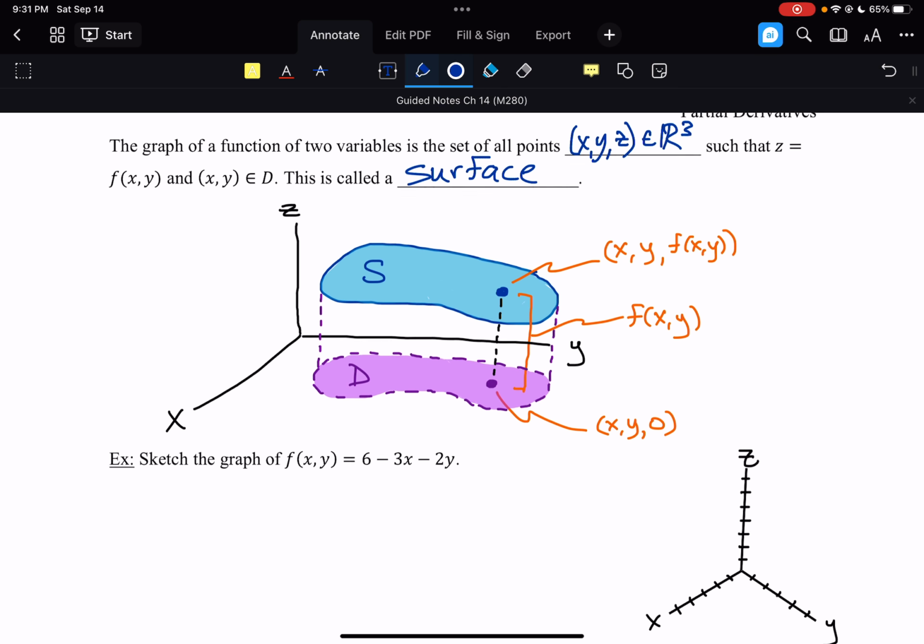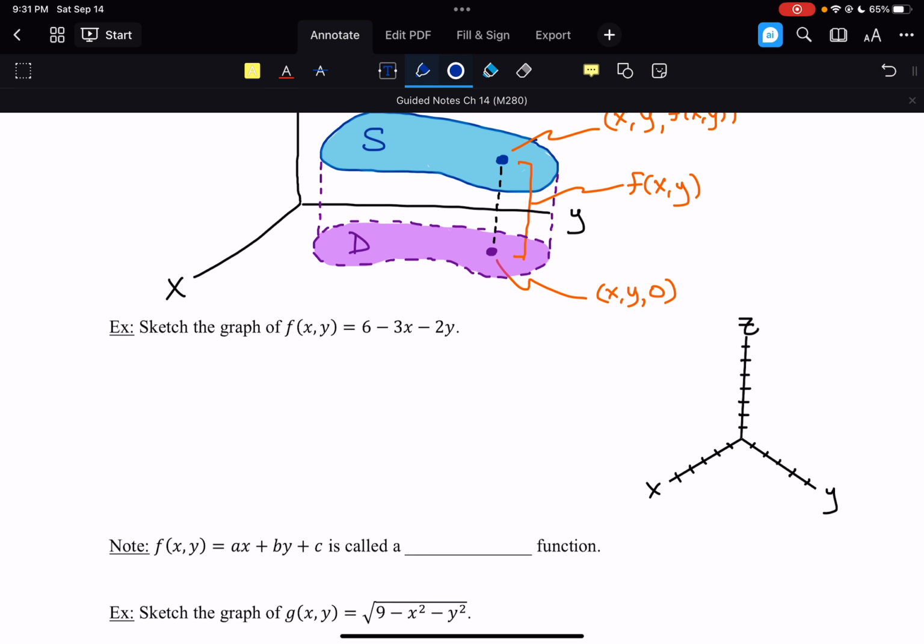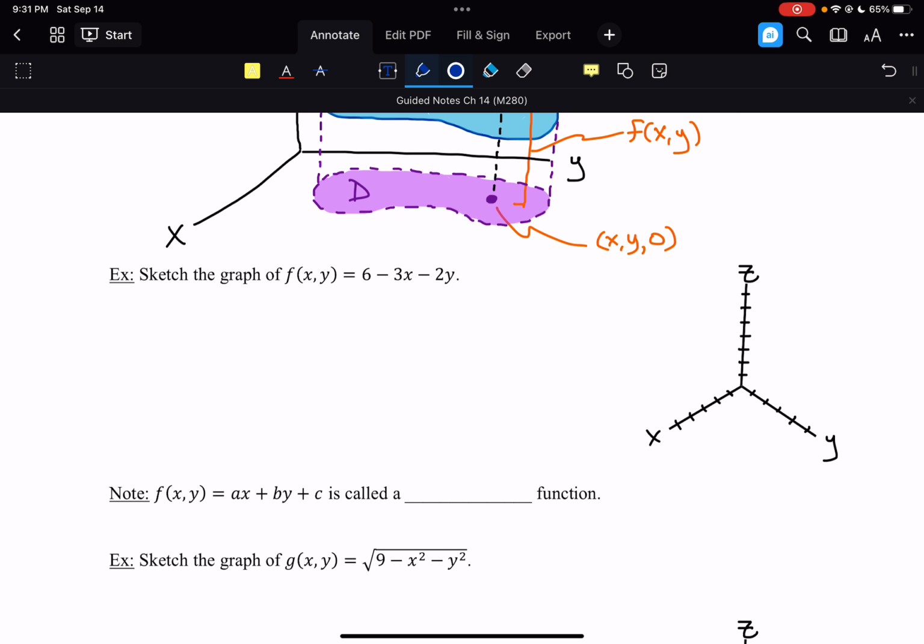Let's take a look at an example. Sketch the graph of f of xy equals 6 minus 3x minus 2y. So if we go ahead and just replace this with our z notation that we're a little more familiar with, we get z equals 6 minus 3x minus 2y.